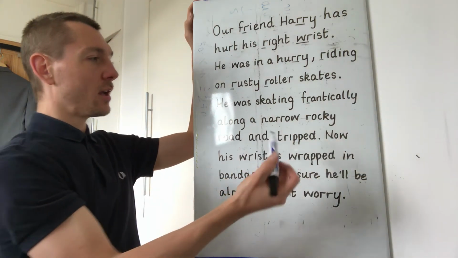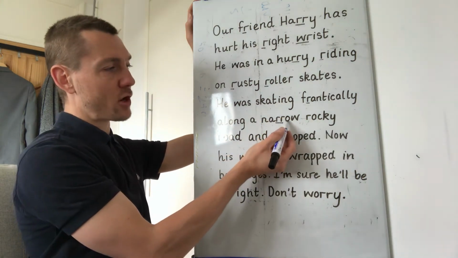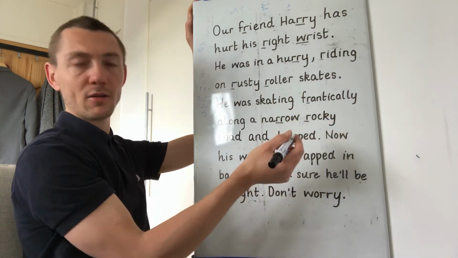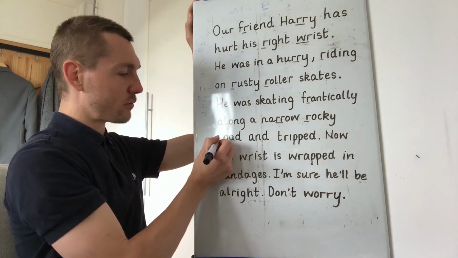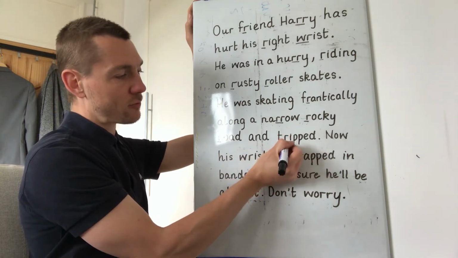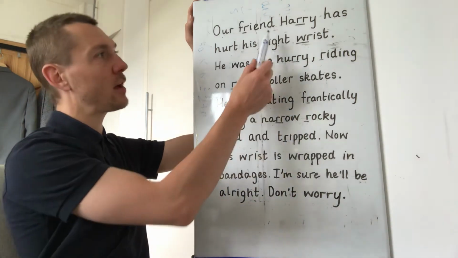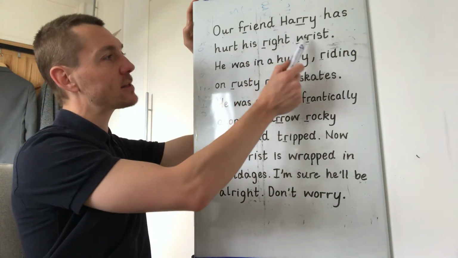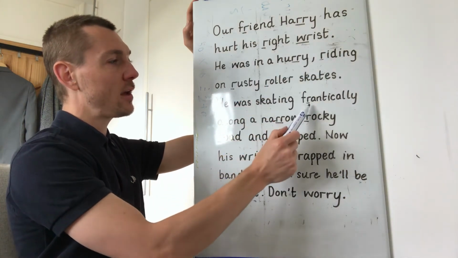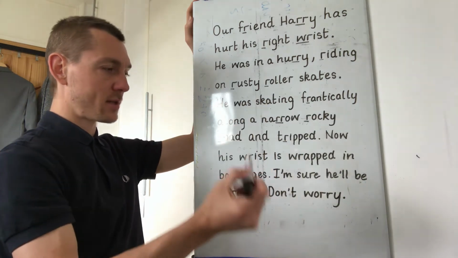Frantically. Along a narrow, double R, narrow. Rocky, road, and tripped. So far we should have friend, Harry, right, wrist, hurry, riding, rusty, roller, frantically, narrow, rocky, road, tripped.